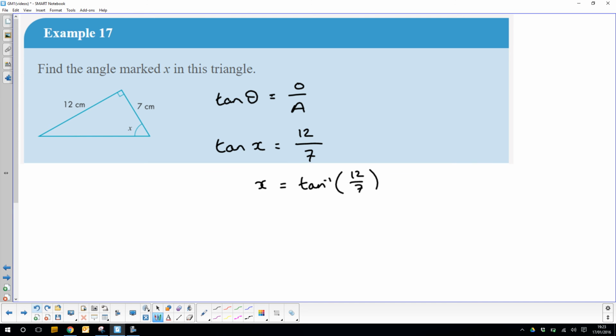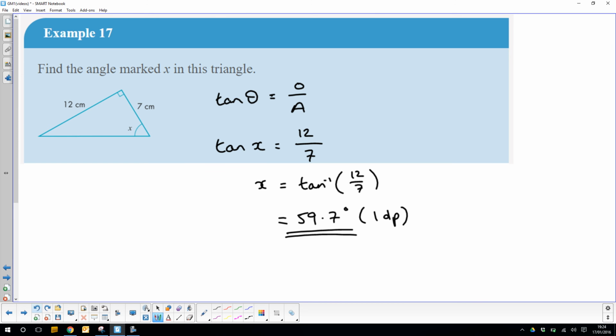And then calculator, second function, tan, open a bracket, 12 divided by 7, close a bracket, press equals, and that tells me that x is 59.743, so we'll have 59.7 degrees to one decimal place, or 3 sig figs, they're both the same for this one. 59.7 degrees, and we have calculated the angle.